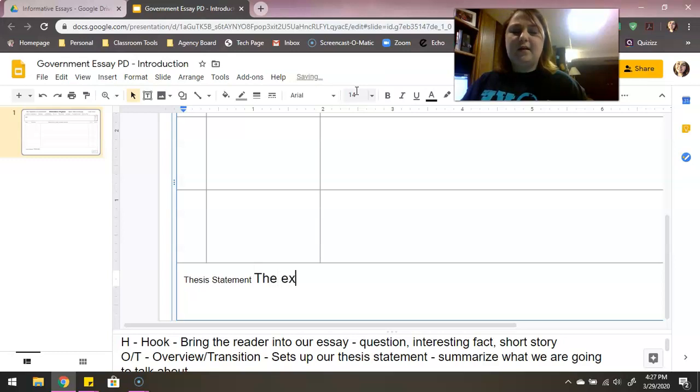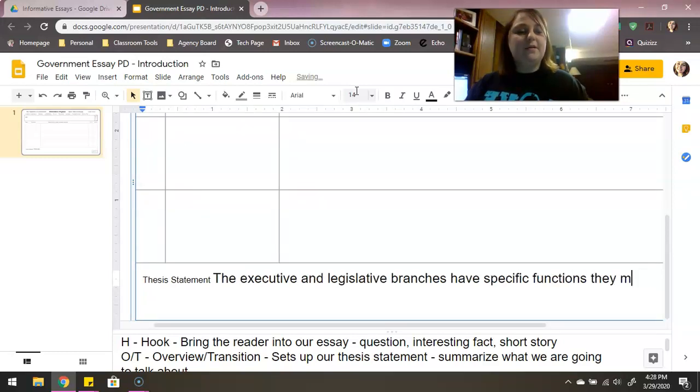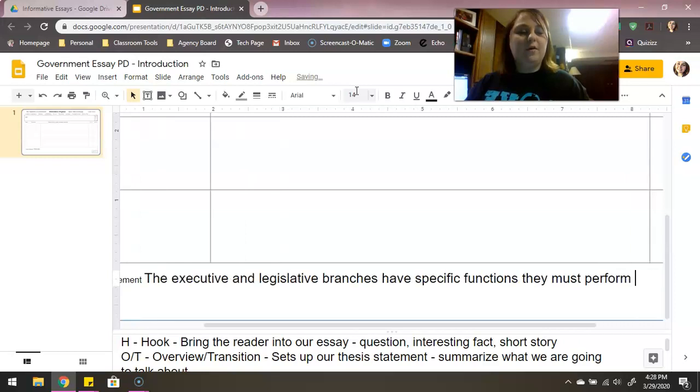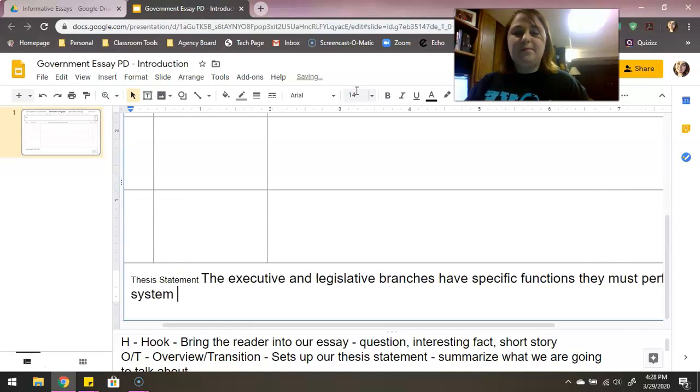Let's go, the executive and legislative branches have specific functions they must perform as well as a system of checks and balances between the two.